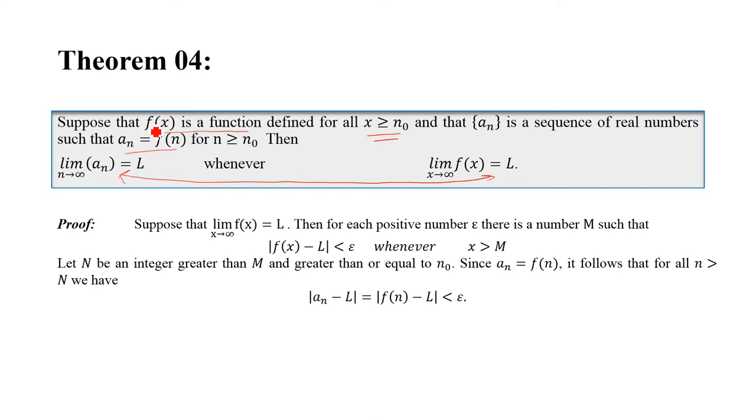So we are going to relate the concept of limit of sequences to the concept of limit of functions. Again, let's read the statement. We have a function defined for all x greater or equal to n_0, and a_n is a sequence of real numbers such that a_n is equal to f(n) for n greater or equal to n_0. Then the limit of a_n as n approaches infinity is L whenever f(x) has limit L as x approaches infinity. So the sequence a_n also has a limit as n approaches infinity.